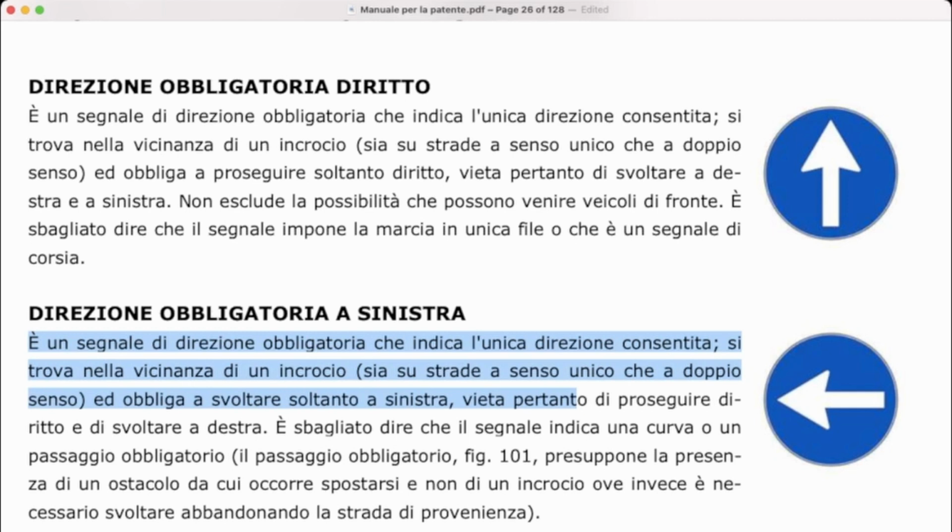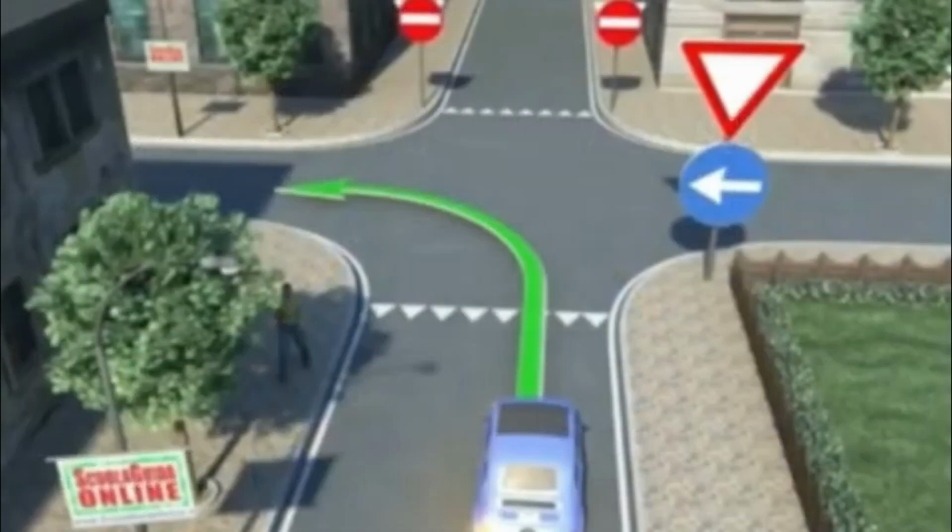So here we can go only sinistra, only to the left. We can't go direct, we can't go to the right. The only place we can go is to the left. Let's look at this here. You can see this guy is moving.